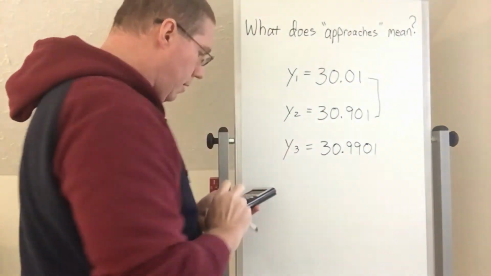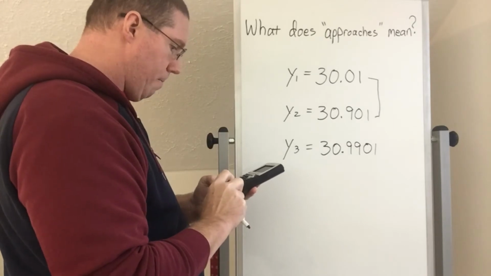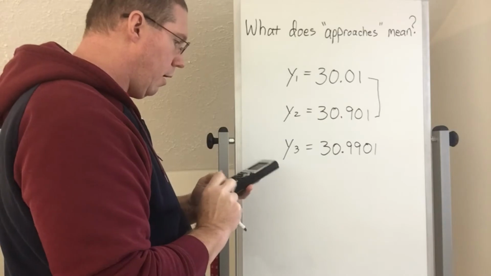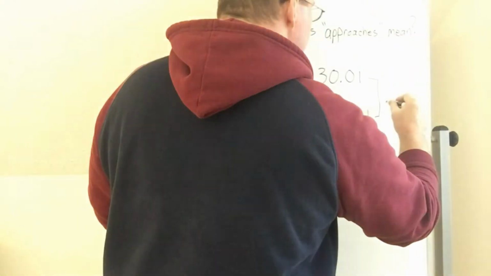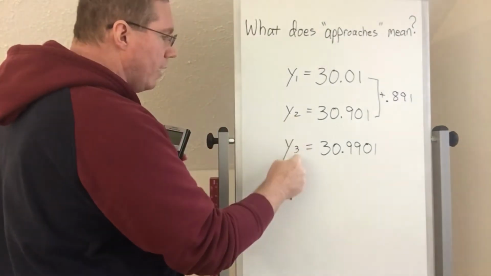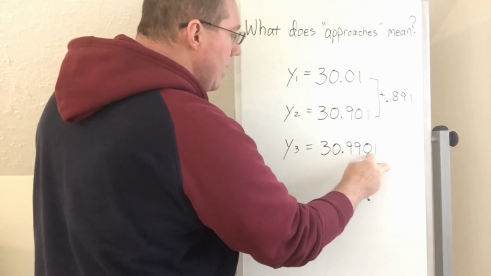30.01 to 30.901. So let's do 30.901 minus 30.01, and we get 0.891. It got larger by 0.891. Okay, it went up by 0.891. All right, now, when it went from y2 to y3, it went from 30.901 to 30.9901.